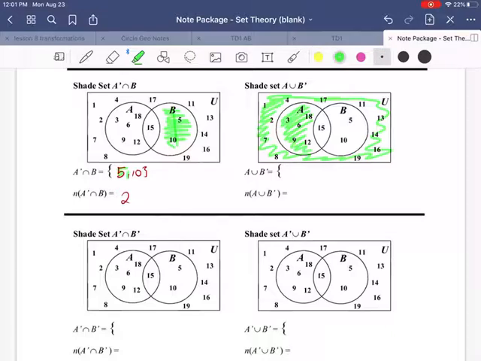All right. And 15 is included in this one. 1, 2, 3, 4, 6, 7, 8, 9, 11, 12, 13, 14, 15, 16, 17, 18, and 19. So there's 17 elements included there.